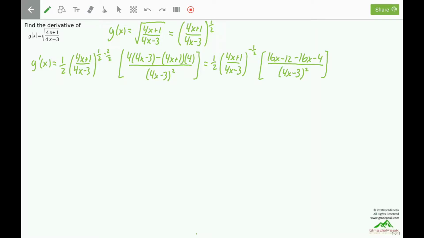The next step is to combine like terms in the numerator here, and the 16x and the negative 16x can cancel, and the negative 12 and the negative 4 will combine with each other. So g prime of x will equal, we have a 1/2. Now this quantity to the negative 1/2, what I'm going to do is separate them and have each of them raised to their own negative 1/2.